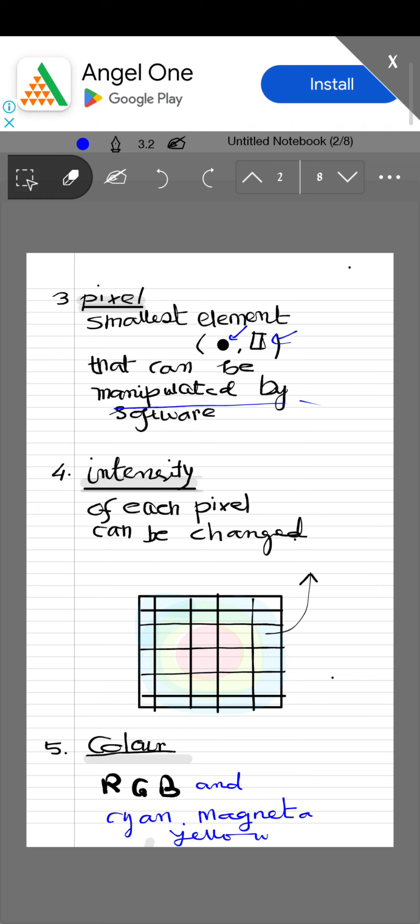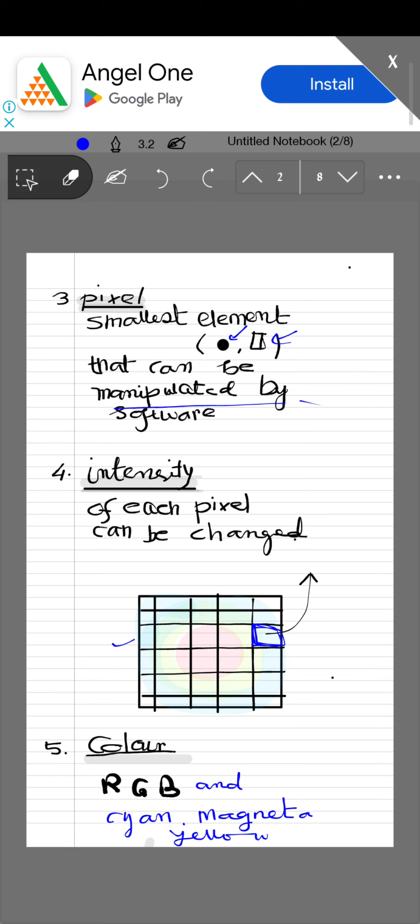By manipulation, we mean that the intensity of each pixel can be changed using software. For example, if we have an image like this, which can be divided into different pixels, the software shall have the ability to change the intensity of each and every pixel.